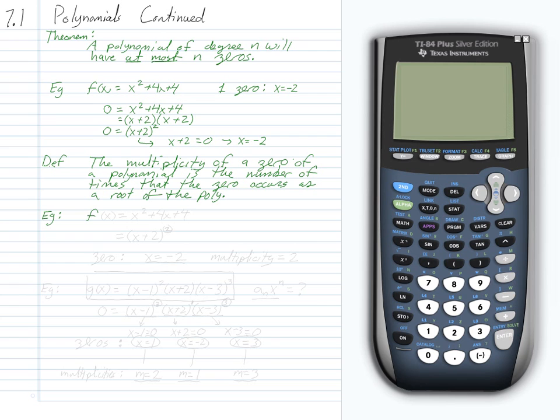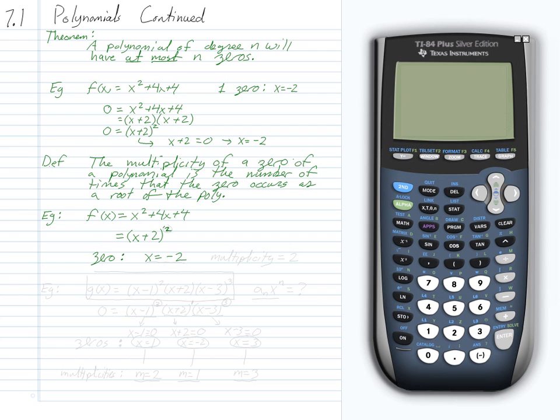So suppose we have a polynomial f of x. Actually, let's use the one that we just saw. F of x equals x squared plus 4x plus 4. Now, another way we could write this in its factored form would be x plus 2 quantity squared, and we already saw that x equals negative 2 is the zero of this polynomial. Now, this result only gave us one zero, the zero being x equals negative 2.